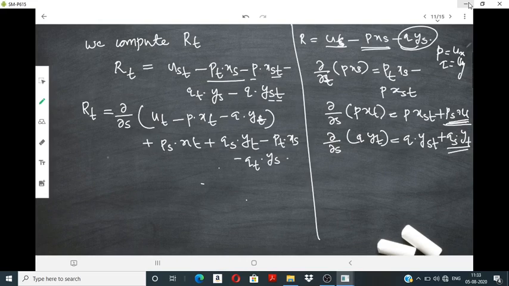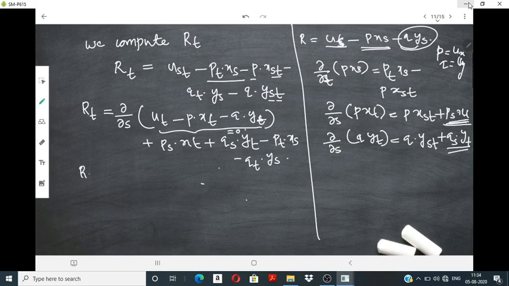And now we can rewrite this: u_t minus p x_t minus q y_t at t comma s, that we know from equation 9 is equal to 0.